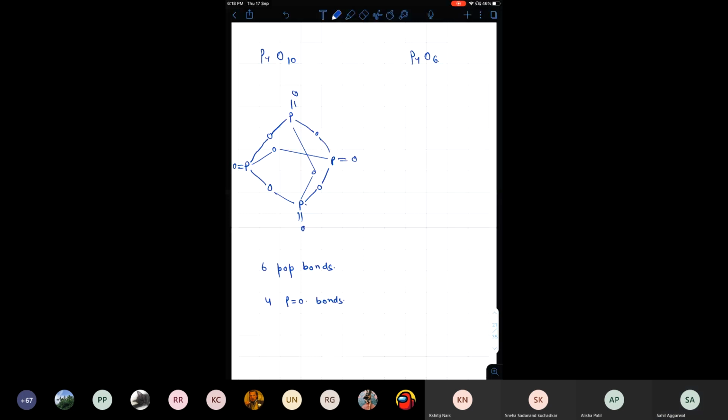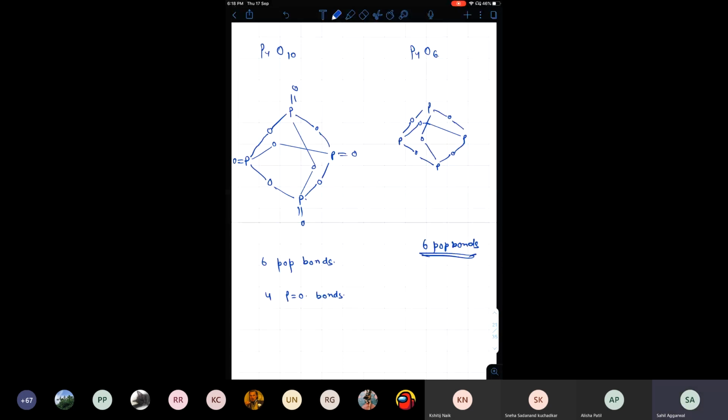P4O6 is again the same. It is almost the same, just it does not have double bond O. Done?